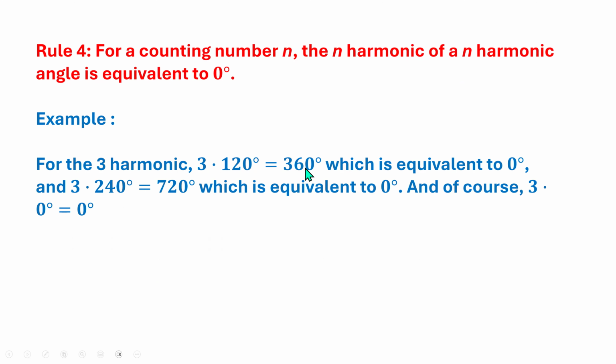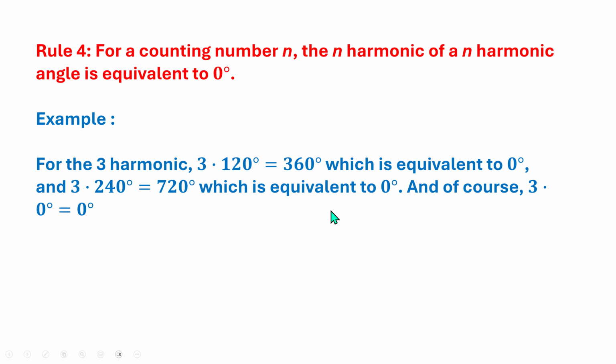That's just double 360. So that is also equivalent to 0 degrees. And of course, 3 times 0 degrees is equal to 0 degrees. Likewise, if you go to the 4 harmonic, you have 90 degrees, 180 degrees, 270 degrees, 0 degrees. Multiply each of those by 4, reduce as needed, and each one will be equivalent to 0 degrees.